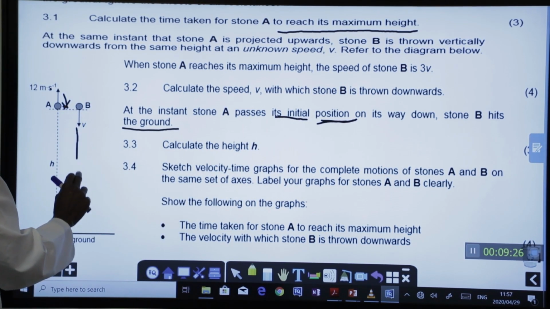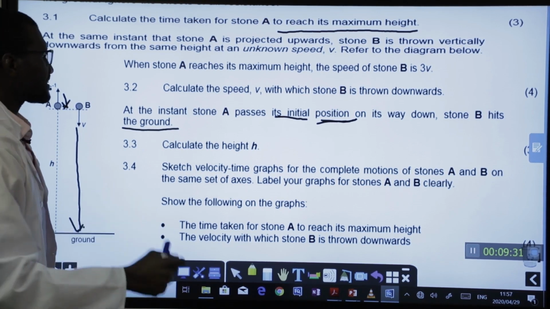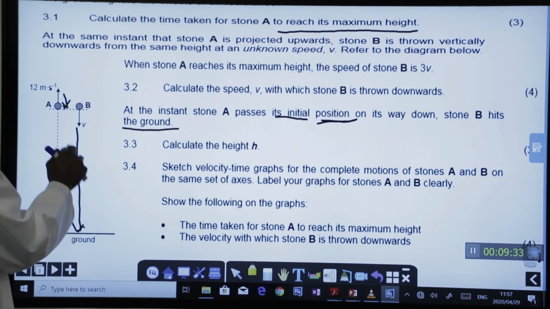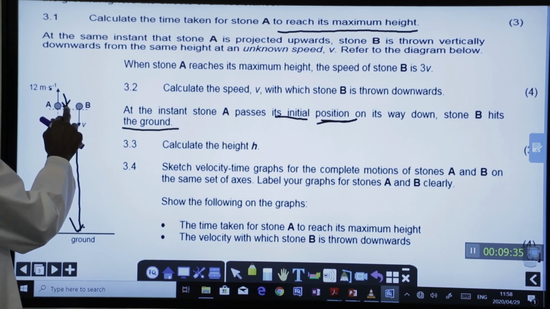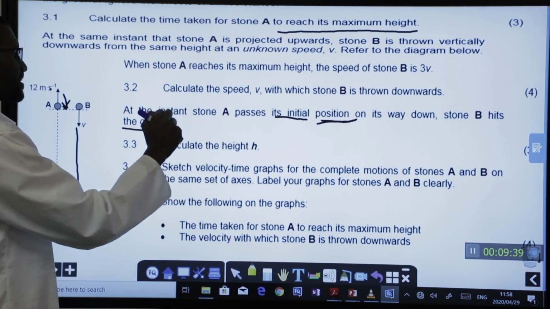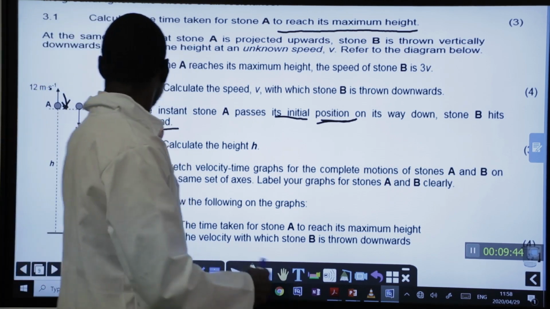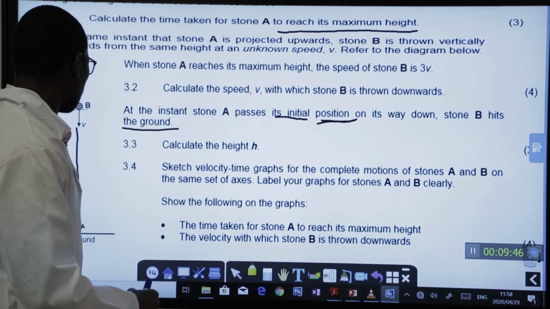So stone B is hitting the ground at the same instant that stone A passes its initial position. Stone B hits the ground.